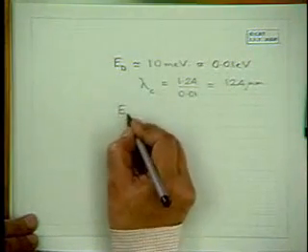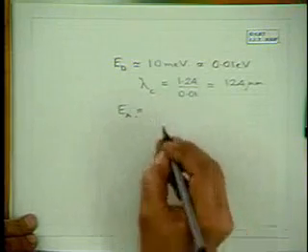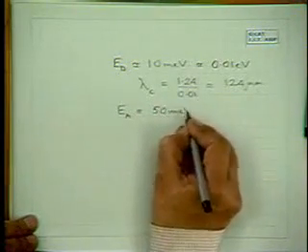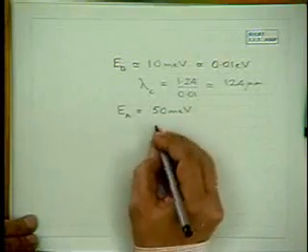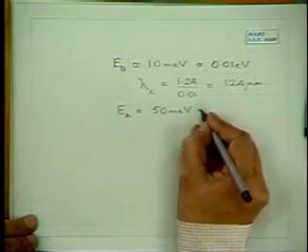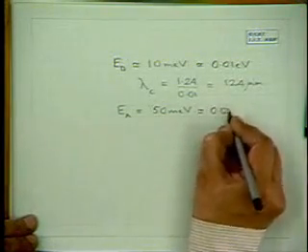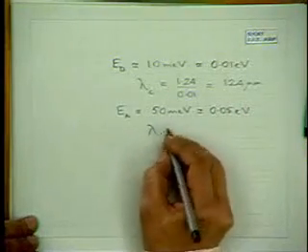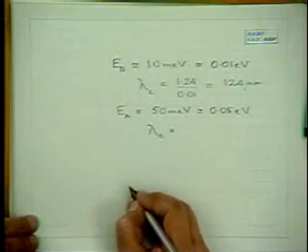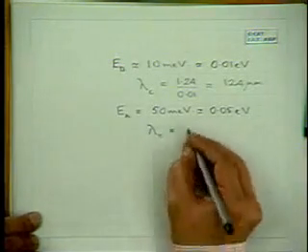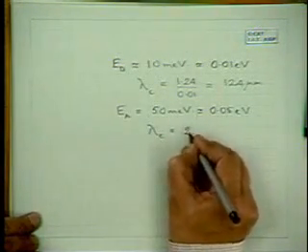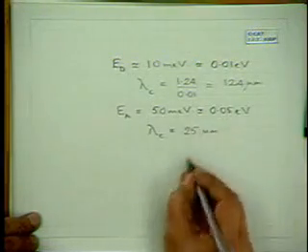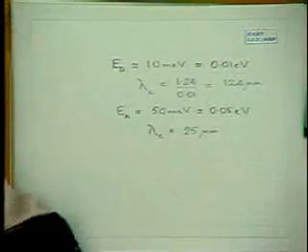Similarly, if the acceptor energies are of the order of, say, 50 meV, which is equal to 0.05 electron volts, then absorption starts at 25 microns. So these are in the infrared.